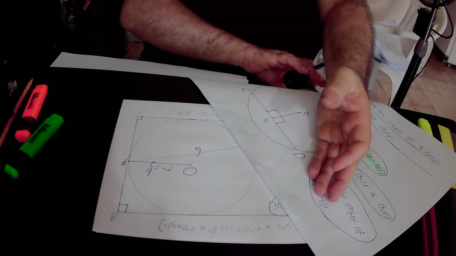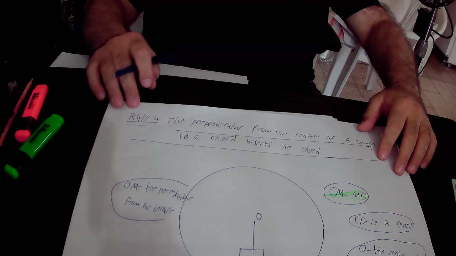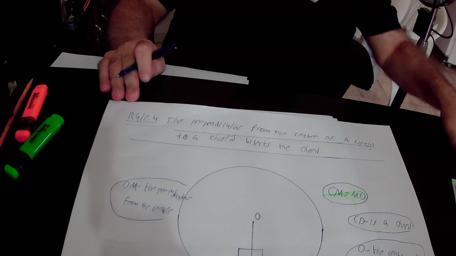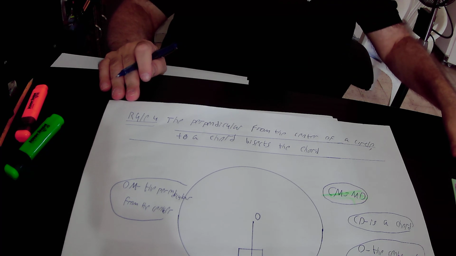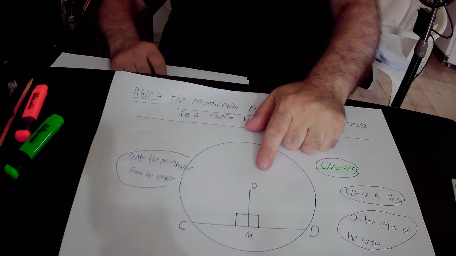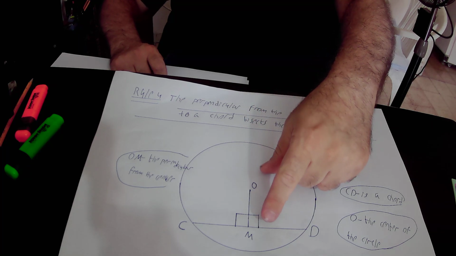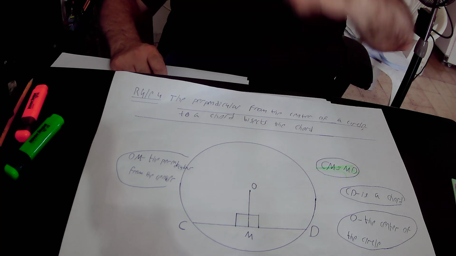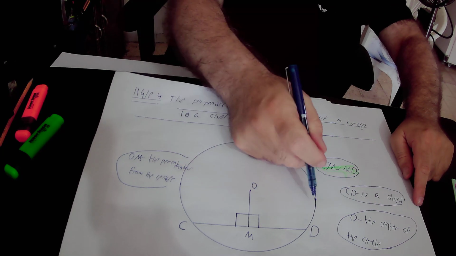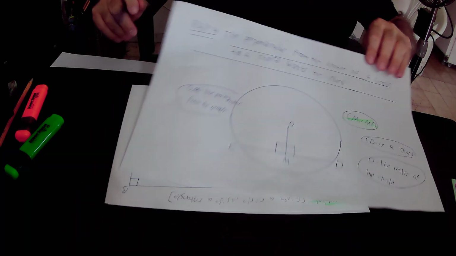According to rule number 4, the perpendicular from the center of the circle to a chord bisects the chord. O is the center of the circle, and the perpendicular from the center is the perpendicular OM. This perpendicular bisects chord CD, that is to say CM equals MD according to rule number 4. We can implement rule number 4 in our drawing.